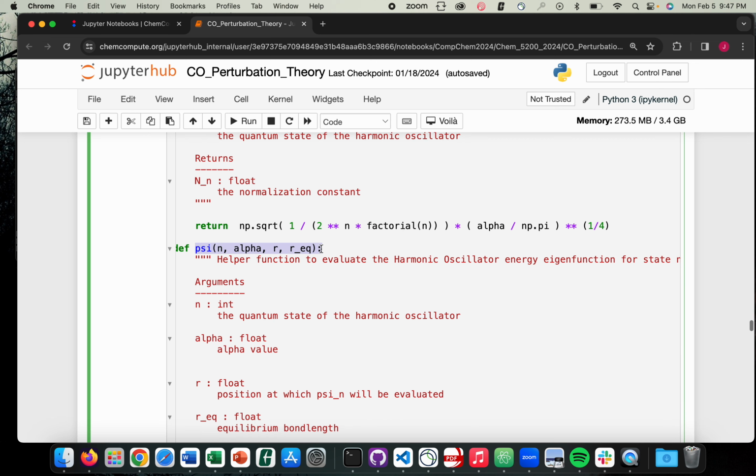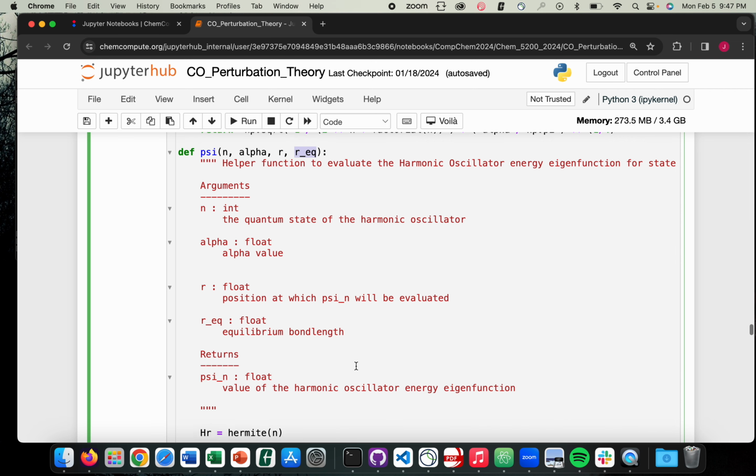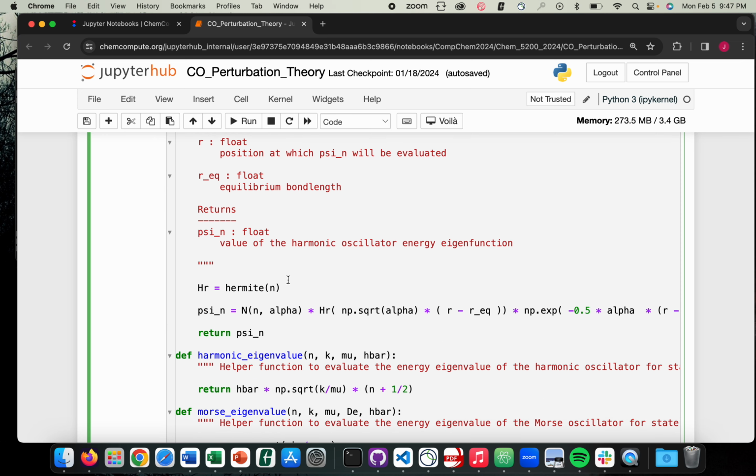So this is basically going to put everything together for the zeroth order states, the harmonic oscillator states for quantum state n. So it's going to take as arguments the quantum number n, the parameter alpha, the value or values of r that you want to evaluate the function at, and the equilibrium bond length. Okay, so you'll pass those all as arguments.